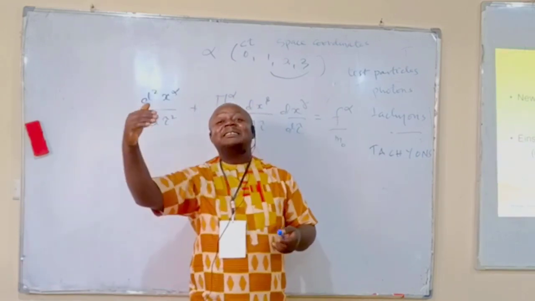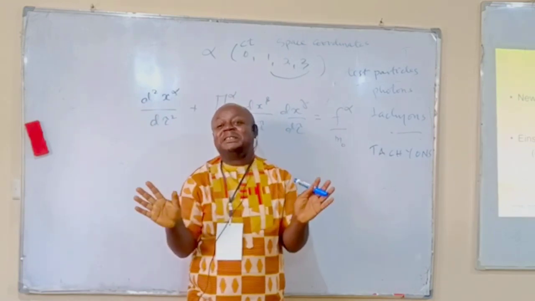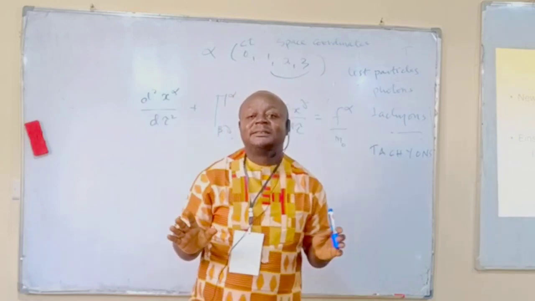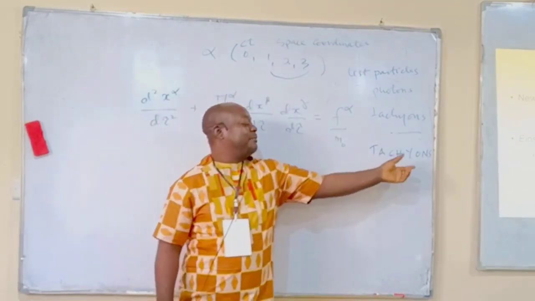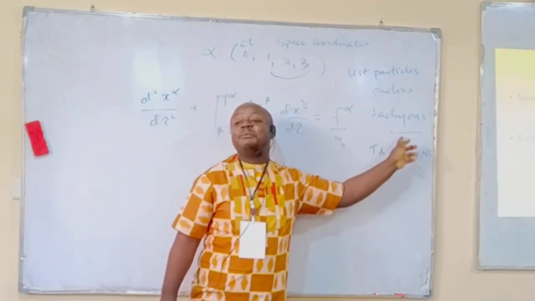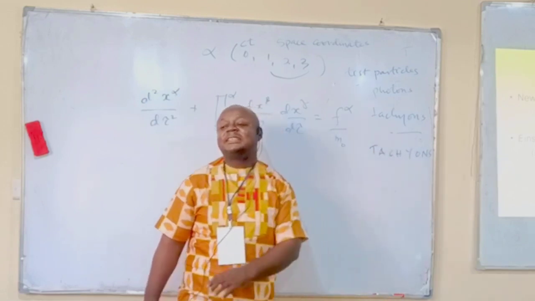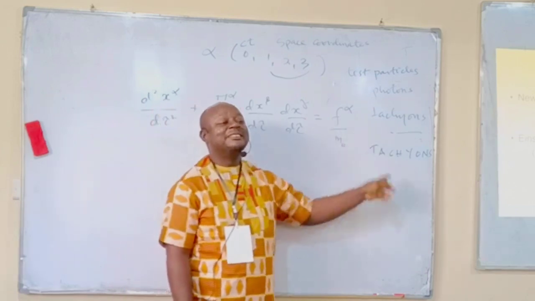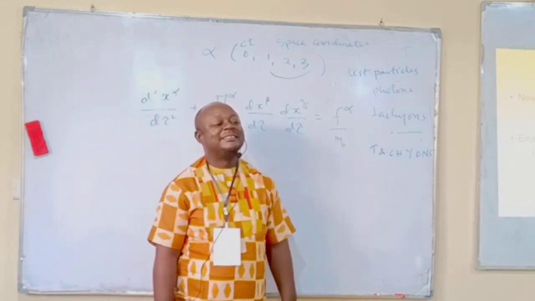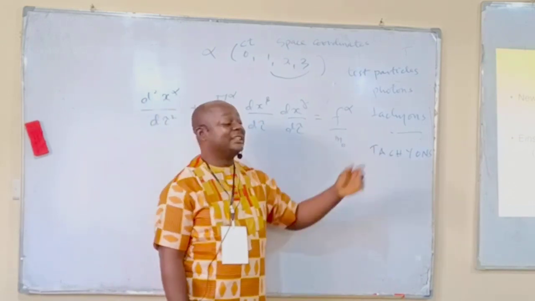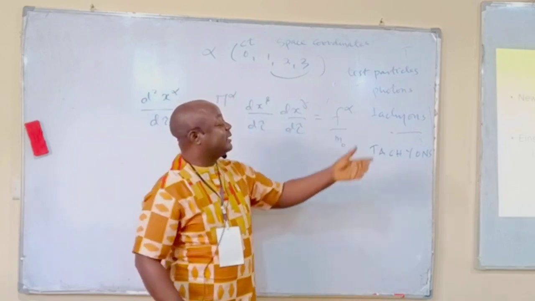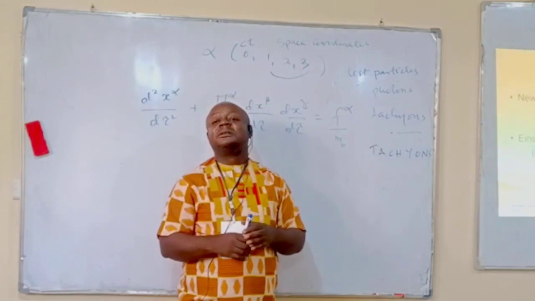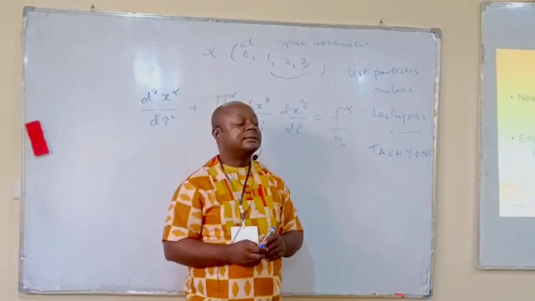The speed of light is the maximum in special relativity. A particle cannot move beyond the speed of light. But these are some particles that move beyond the speed of light, and that goes beyond our theory. There are other theories that we can use to explain that.